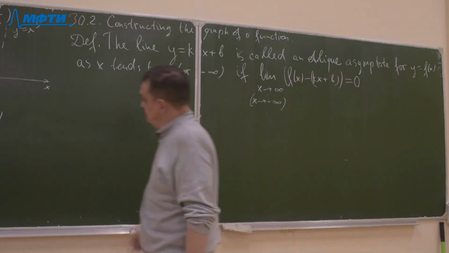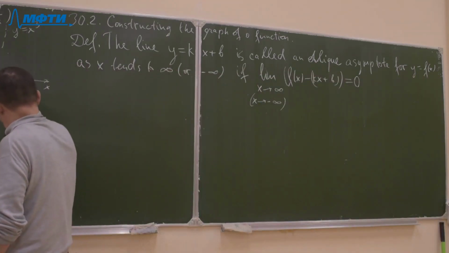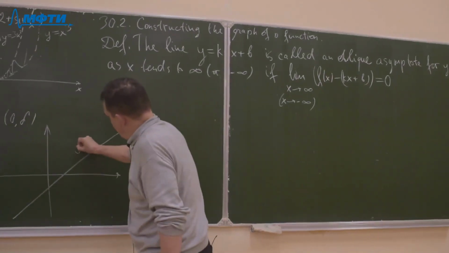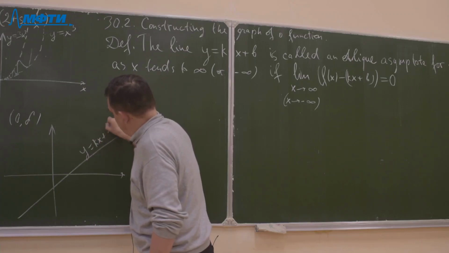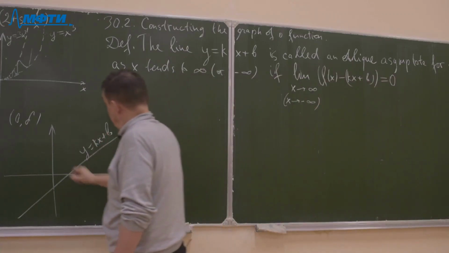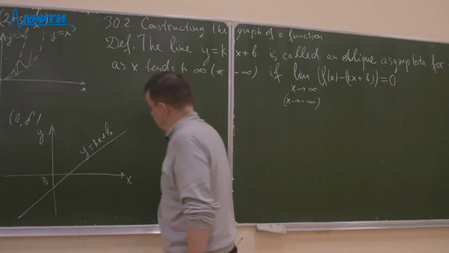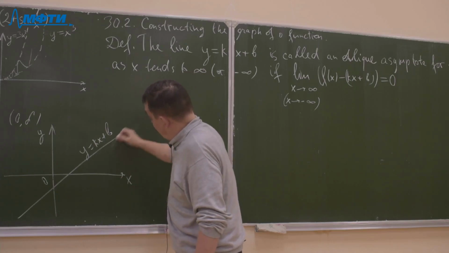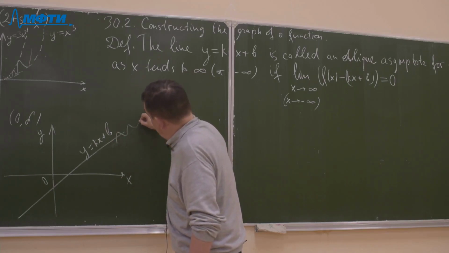So oblique asymptote means, by definition, we draw a line y equals kx plus b when it is an asymptote for a function. Our function approaches it somehow; in fact, it can approach like that.